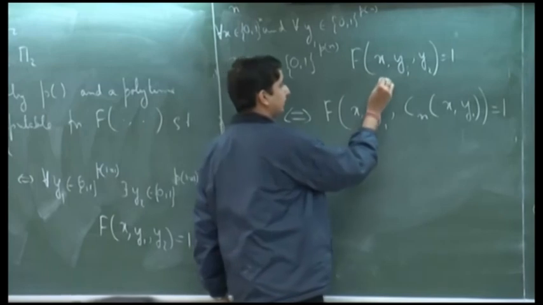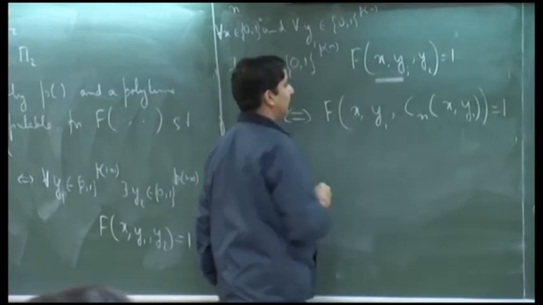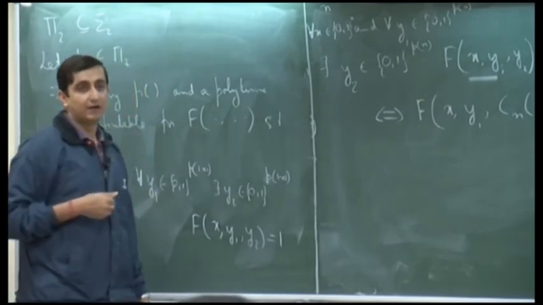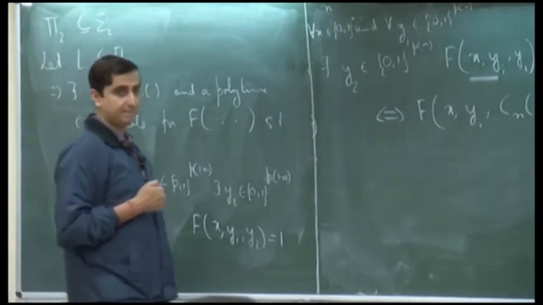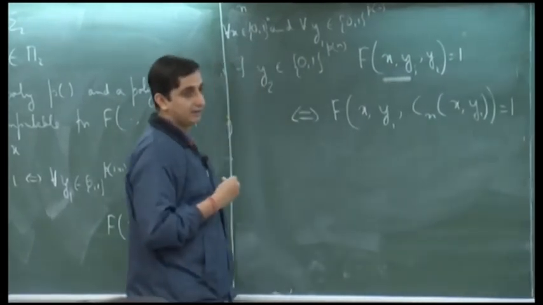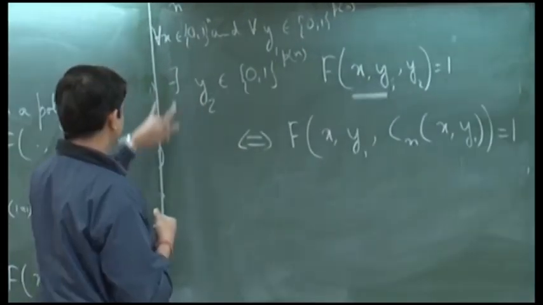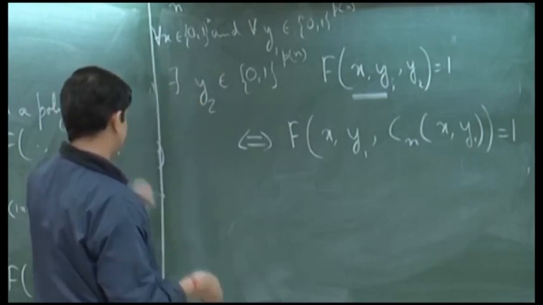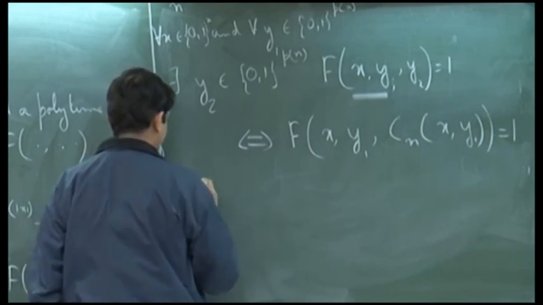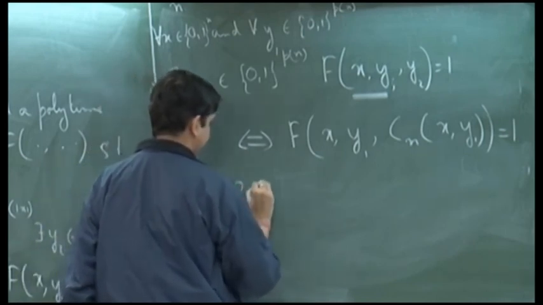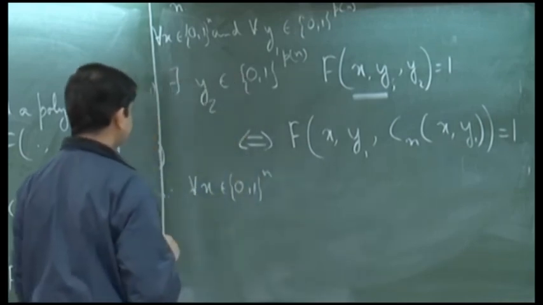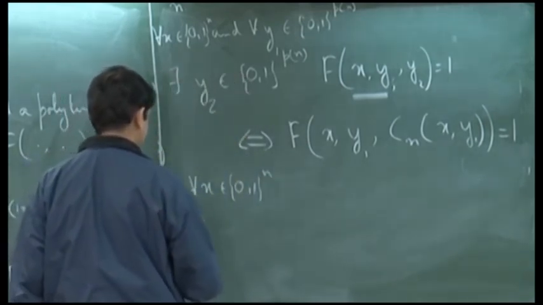Just think of this x and y 1 together as being the x in our earlier claim. So for all x here there exists y.